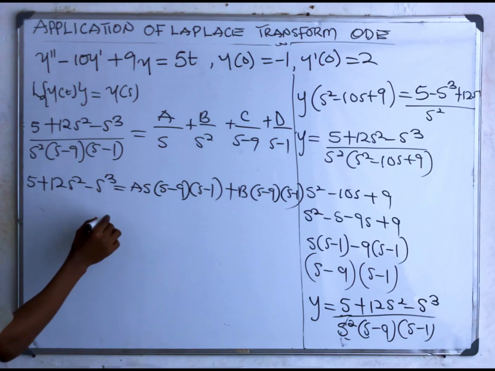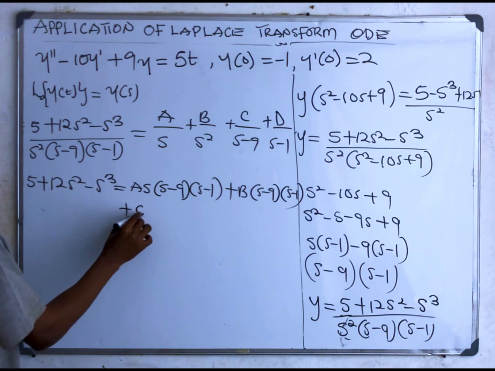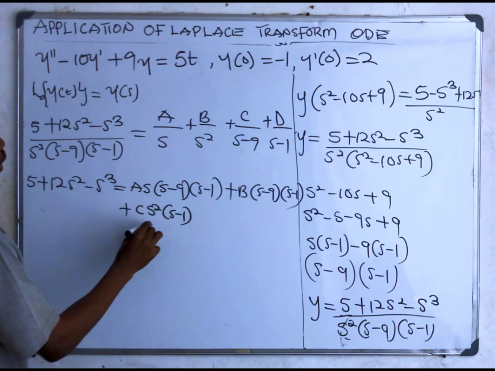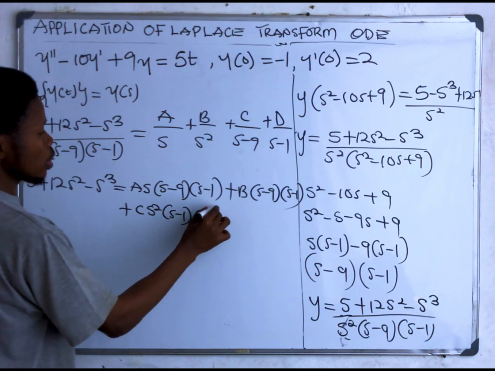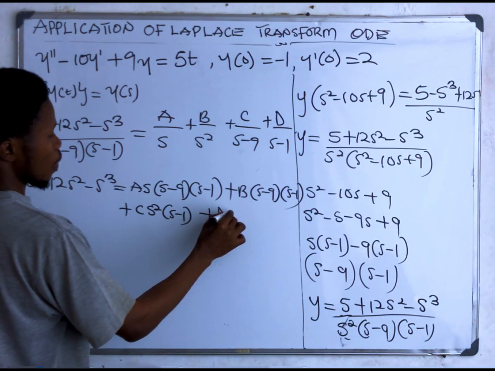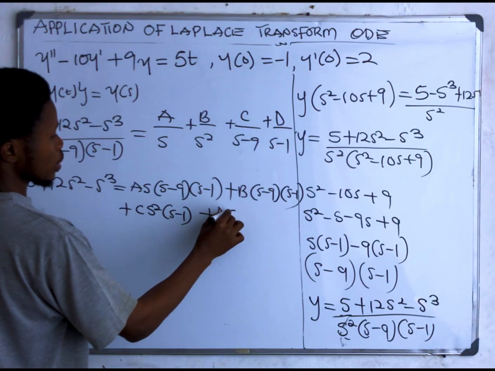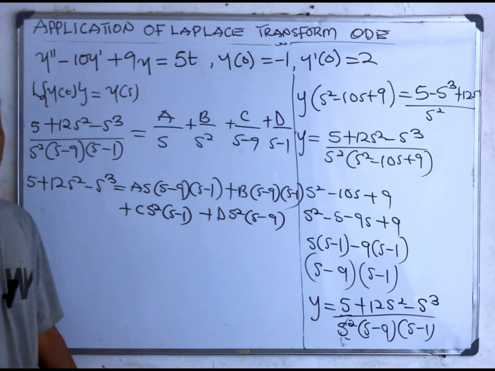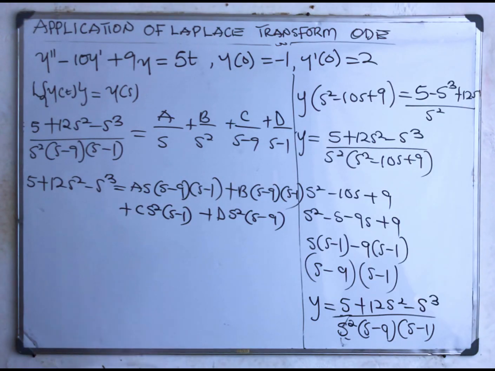Before you move to C, s squared, s minus 1. Before you go to D, s squared, s minus 9. So these are the things that we are going to get if you find out. This is what you get.